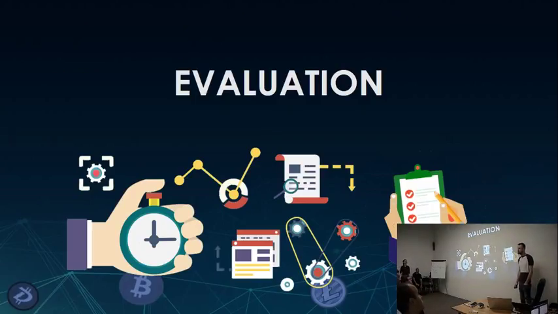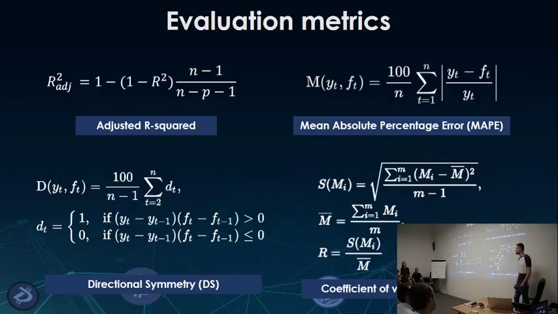So each model should be evaluated, and we used several metrics. Don't be scared of the formulas. They're just to show which metrics we used to evaluate. We used adjusted R-squared to measure the goodness of fit of the model, and the mean absolute percentage error to measure the prediction accuracy.